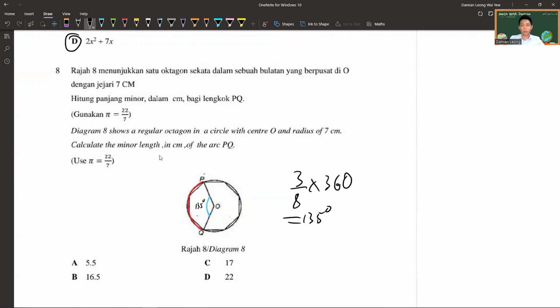So length of arc is angle over 360 times the circumference of a circle, 2 pi r. 2 times pi, 22 over 7, times radius 7 cm.